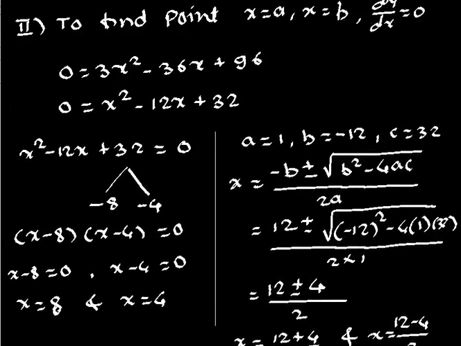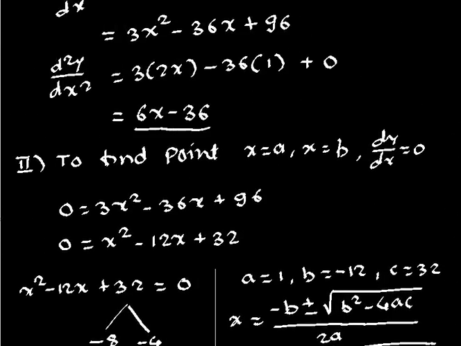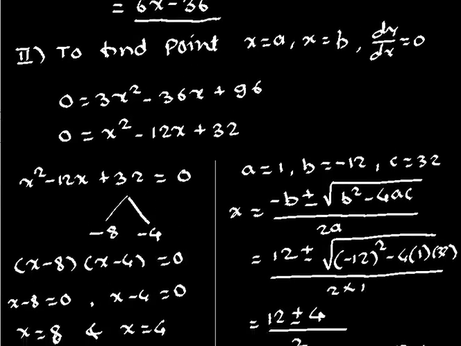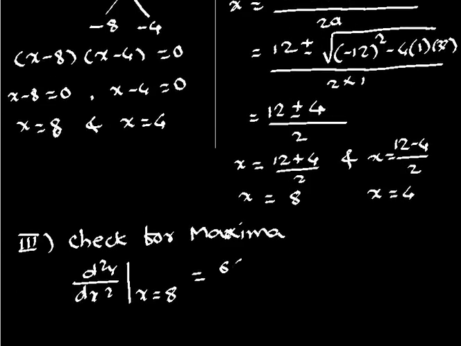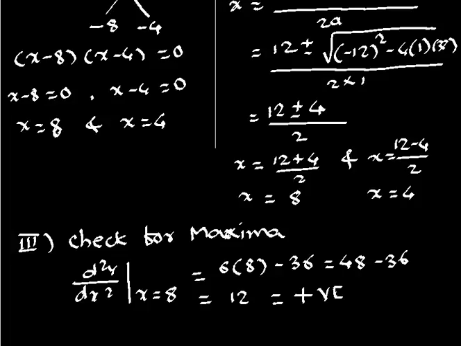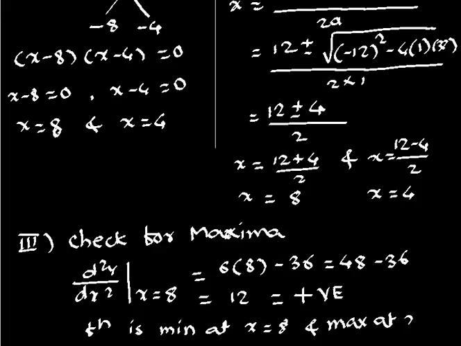We put x is equal to 8 into this equation, the expression for the second order derivative: 6x minus 36. 6 into 8 minus 36 comes out to be 48 minus 36, which is 12. So this answer is positive, which means that the function is minimum at x is equal to 8 and maximum at x is equal to 4.